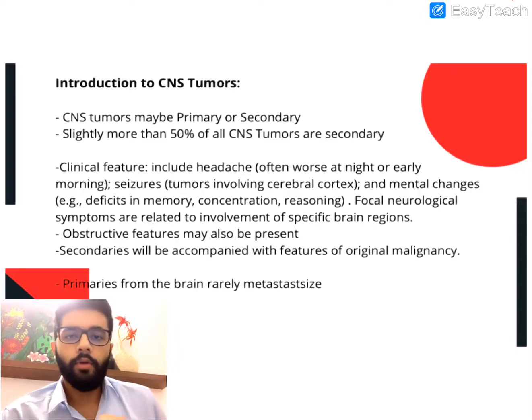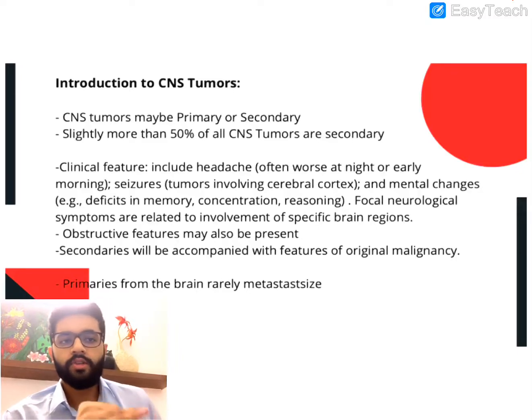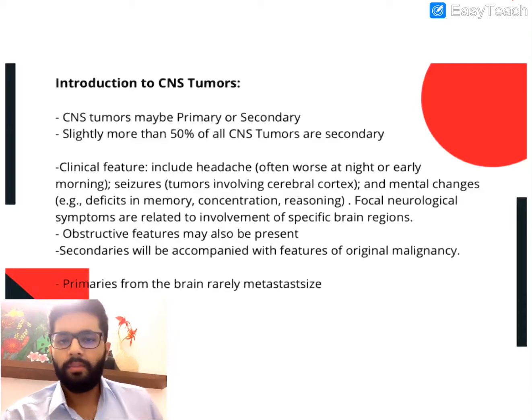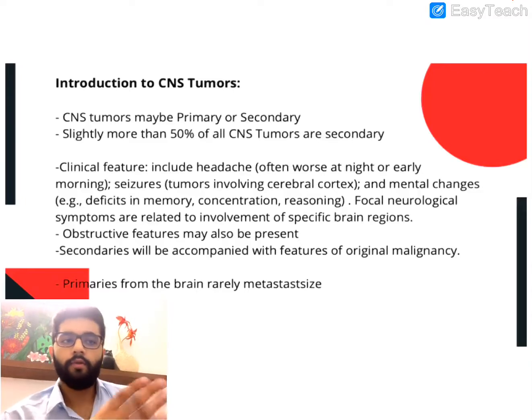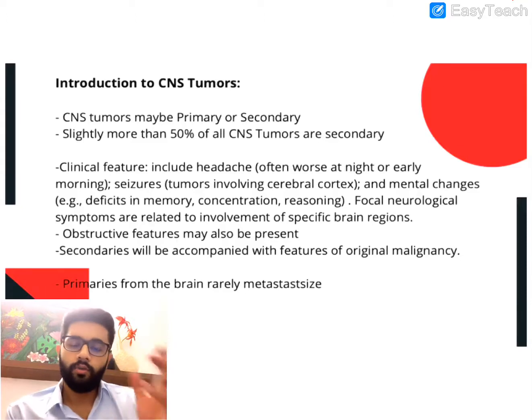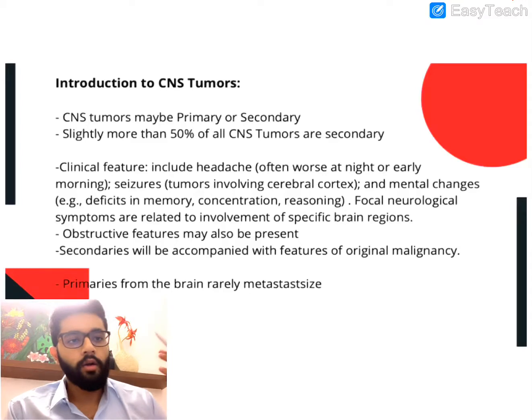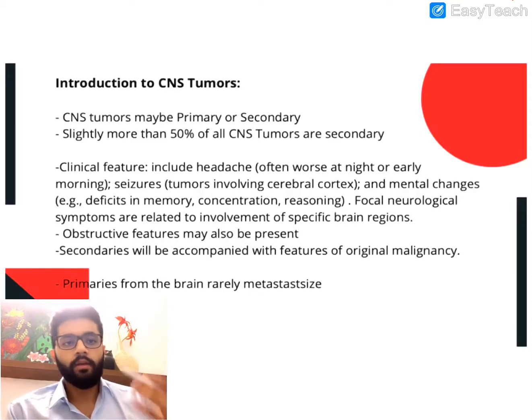The second important clinical feature that you should know is seizures, and this is particularly common in tumors that involve the cerebral cortex. The third thing which could be there is some mental or behavioral changes. It's not too common, but it could be there depending on the site of the tumor. And the last thing is focal neurological deficits. Depending on the site of the tumor, they may have weakness, inability to speak, inability to comprehend, or deafness.